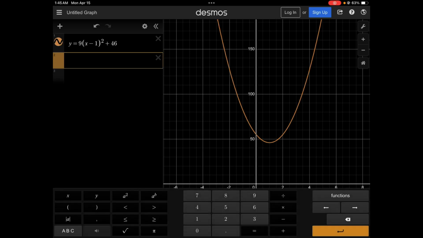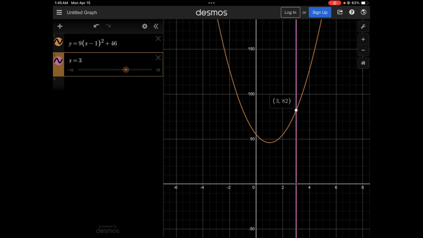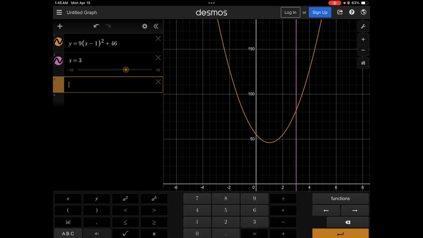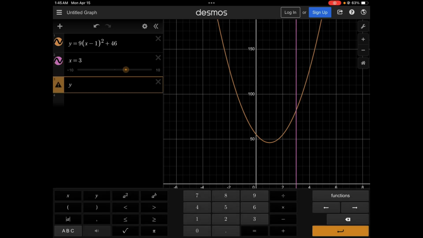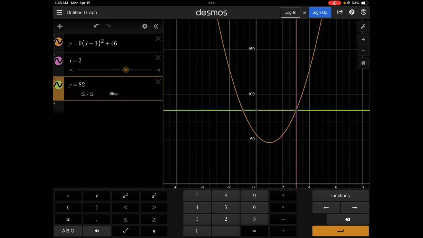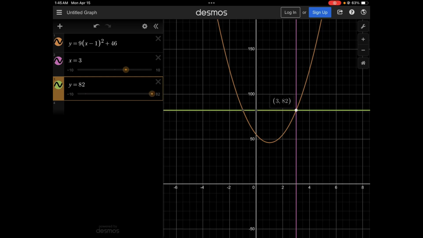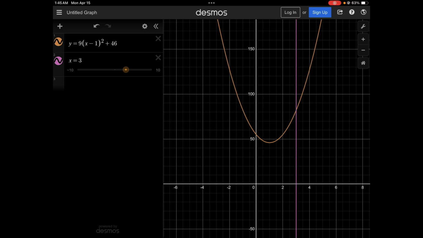Another way to do it is just put x equals 3, and then it's going to give you the intersection. Another way would be to type y equals 82, because you know either of them. But just x is enough. So you know that it's not it, so it's the other one.